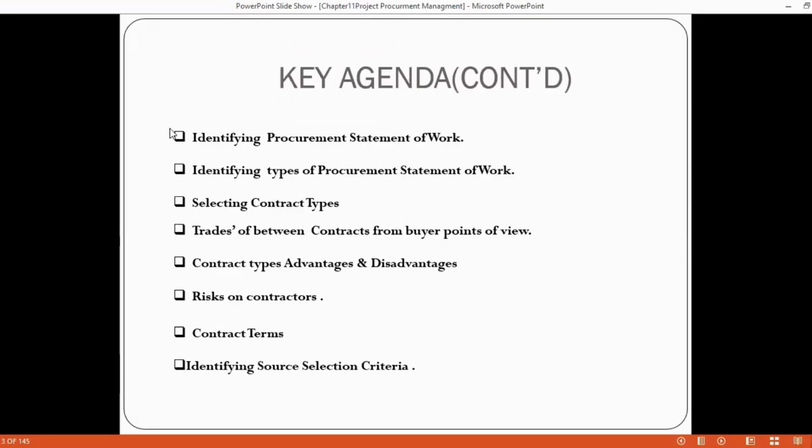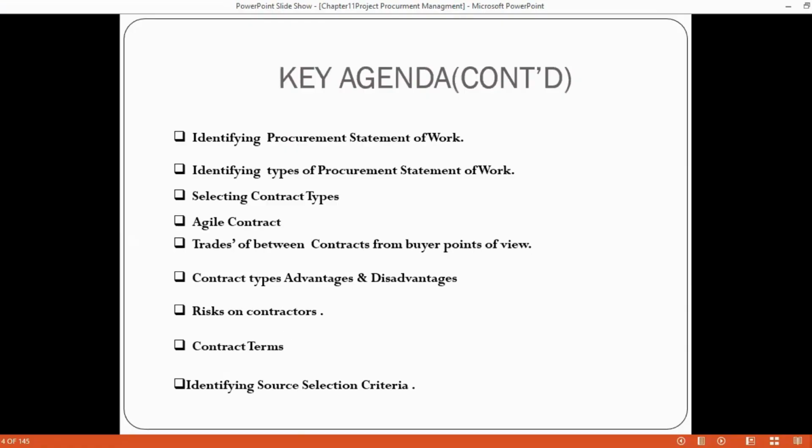As well, we're going to be looking at the statement of work that's used in procurement, as well as identifying the types of procurement statement of work, as well as the types of contracts as we stated, and which is the best one to select according to the state of the market. Trade-offs between contracts from the buyer's point of view, contract types, advantages and disadvantages, the risks on the contractors, contract terms, identifying the source selections as well, how to select the sellers.